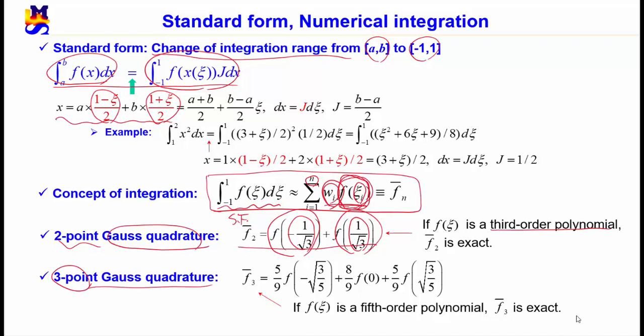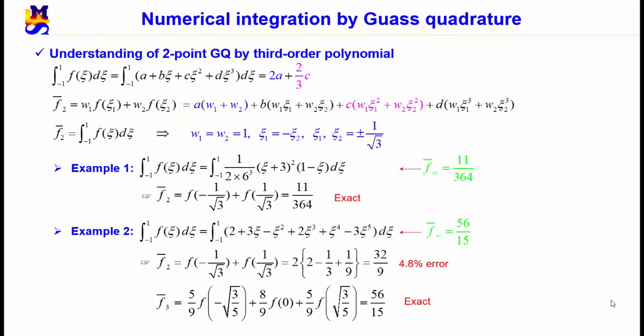Three-point Gauss quadrature is formulated by this relation, which gives us the exact solution when the integrand is up to fifth order polynomial. Even though there is a mathematical way to determine optimum integration points and their corresponding weights, we'd better simply understand the meaning of integration points and their corresponding weights by experiences.